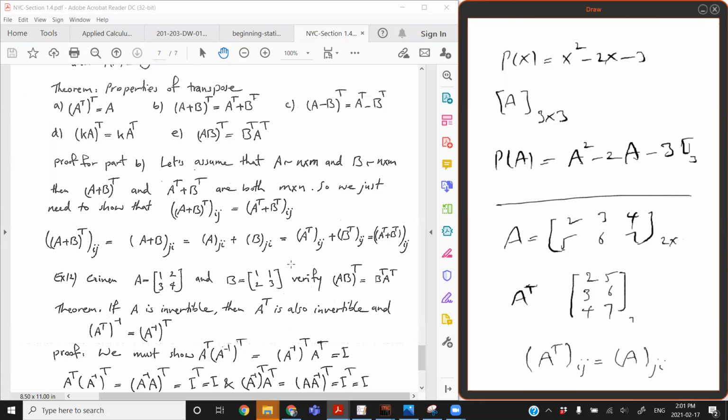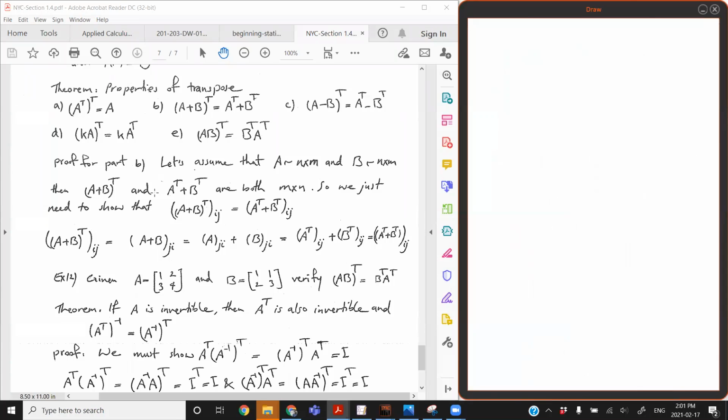But this theorem here is about the properties of the transpose. Part A says transpose of a transpose is the original matrix. So if you have a matrix and you transpose it and then you transpose it again, you're going to get the original matrix back. Part B says the transpose of A plus B is simply the transpose of A plus the transpose of B. Part C is for the difference.